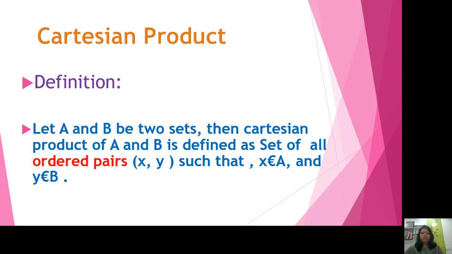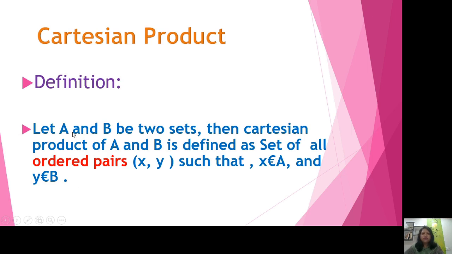What is the definition of Cartesian product? It is defined as: let A and B be two sets, then the Cartesian product of A and B is defined as the set of all ordered pairs (x, y) such that x belongs to A and y belongs to B.